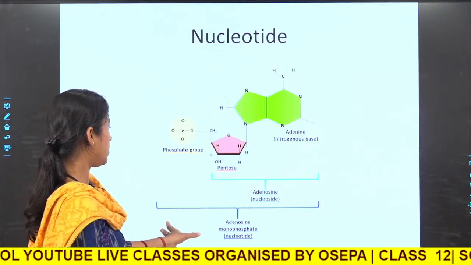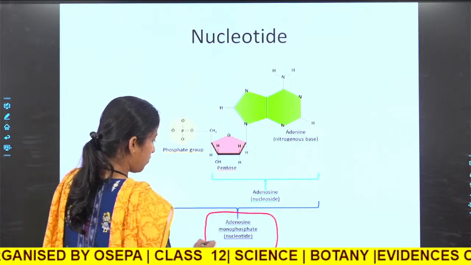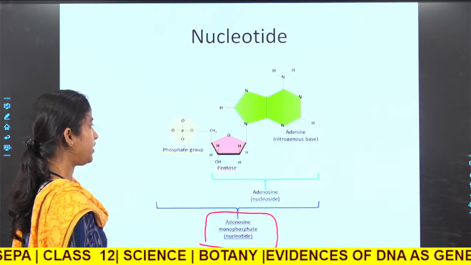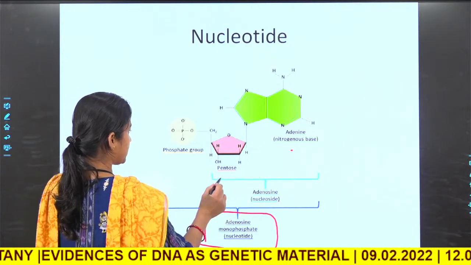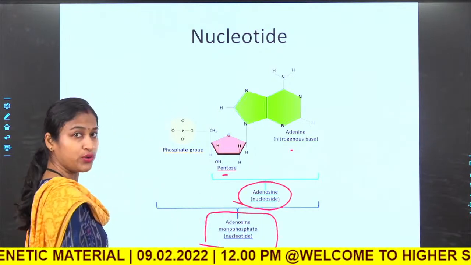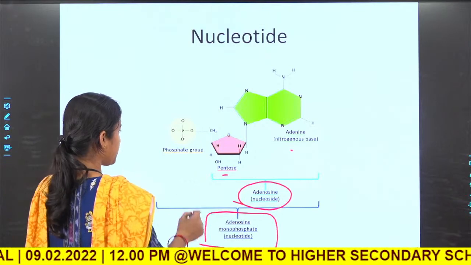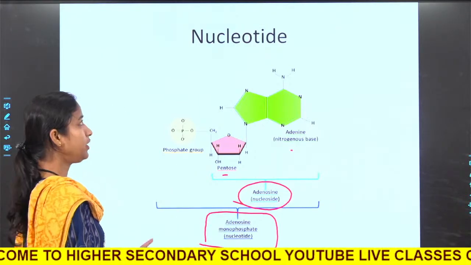Now, this is the complete structure of adenosine monophosphate nucleotide. When the adenine nitrogenous base combines with the pentose sugar, this becomes the adenosine nucleoside. When it combines with a phosphate group, it becomes adenosine monophosphate, a nucleotide.